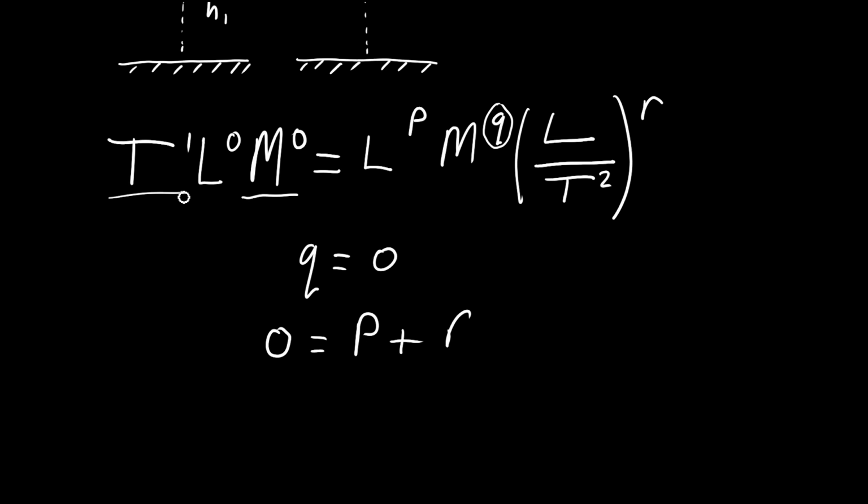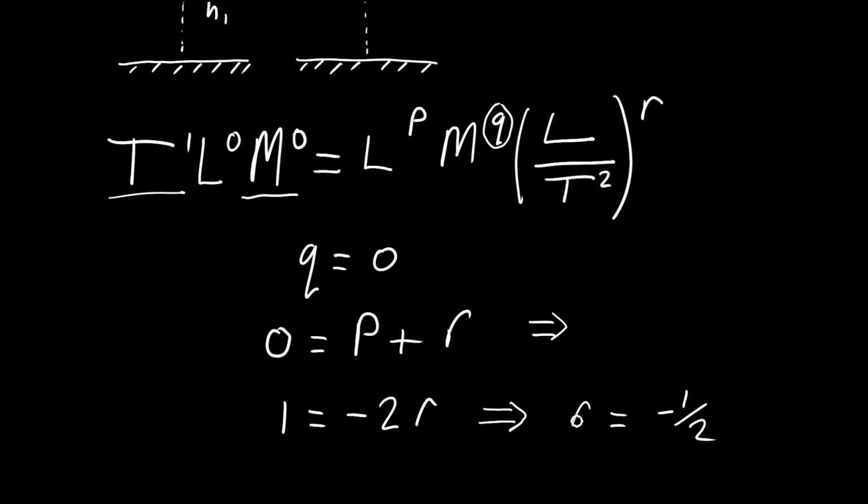And on the right-hand side, we have minus 2r. And the minus sign comes from the fact that the time dimension is in the denominator. So we know r here is equal to minus 1 over 2.